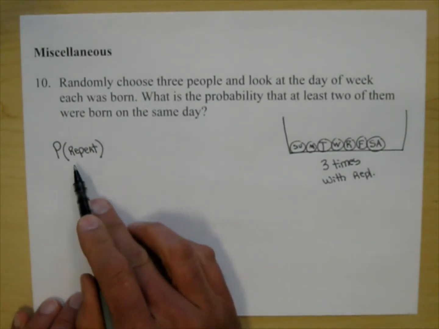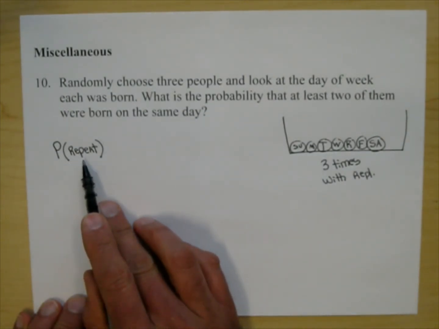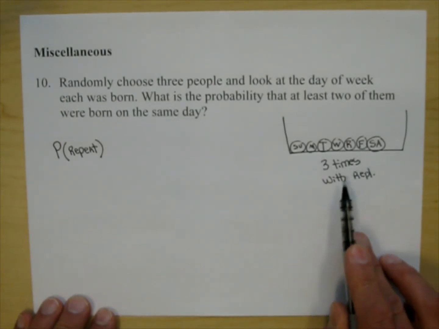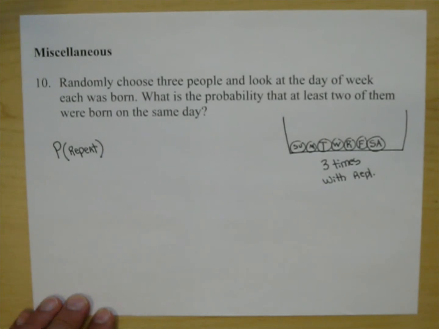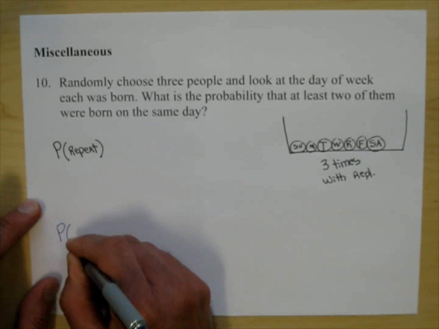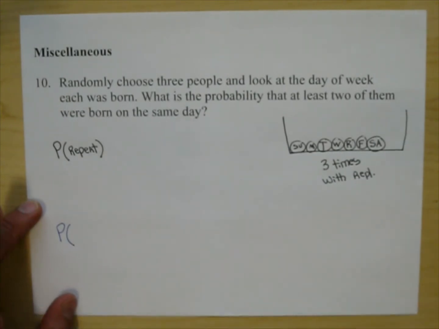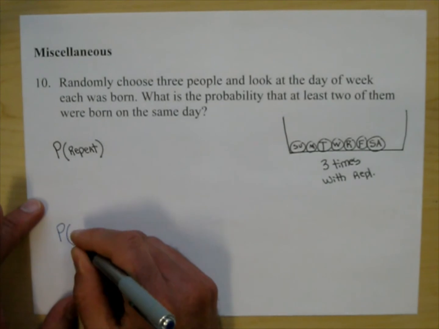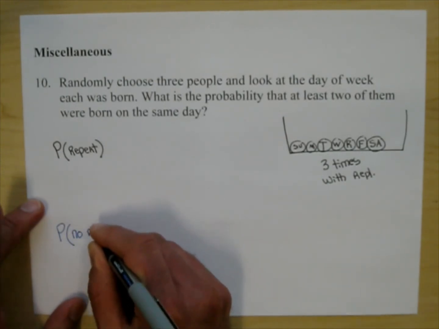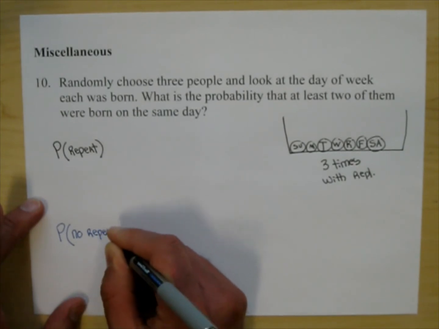This is a tough problem: figuring out the probability that you get a repeat when you draw from this box 3 times with replacement. So what am I going to do? I'm going to do the complementary event, the probability of no repeats.